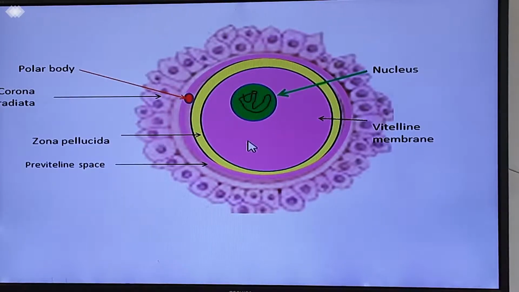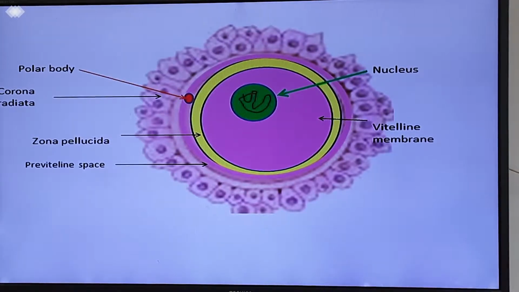This is the corona radiata and this is the zona pellucida. In between zona pellucida and corona radiata there is a space. That space is known as perivitelline space. Within this space there is a polar body.